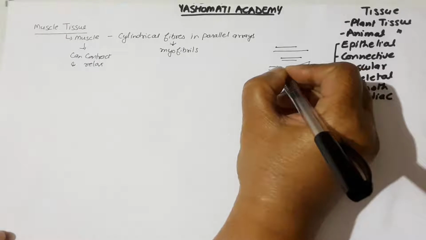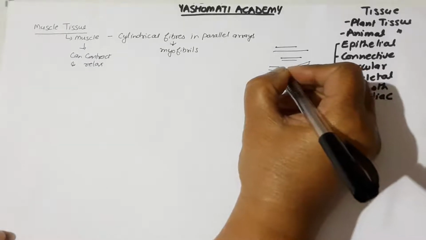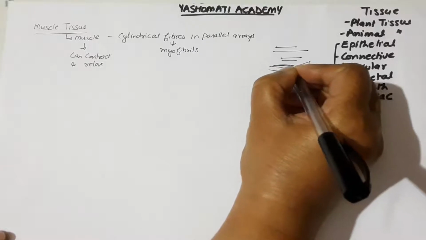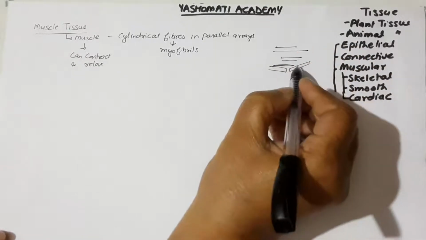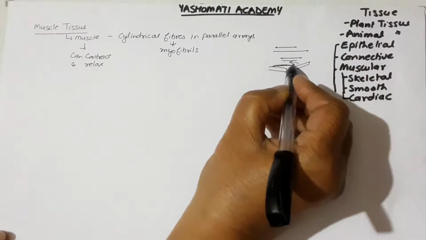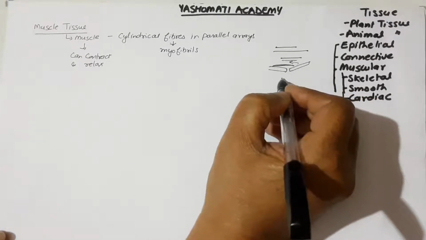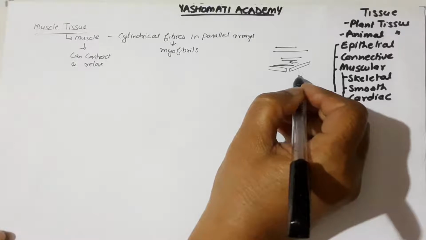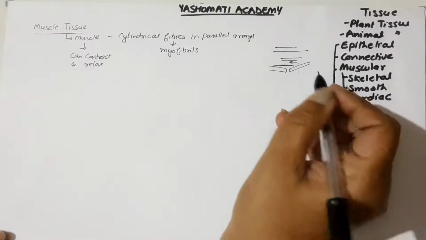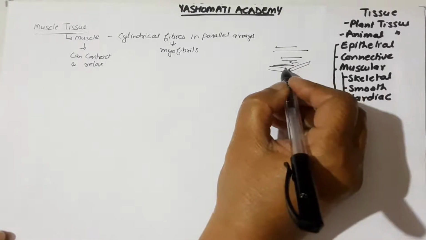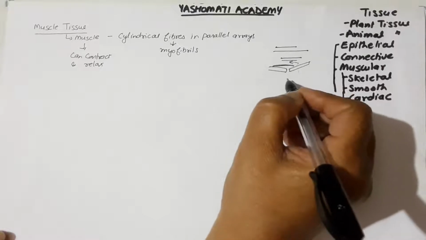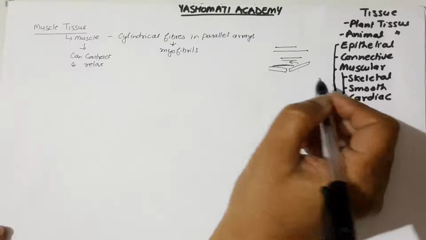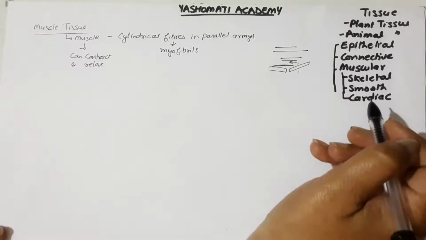Now the muscles which are responsible for contracting and pushing this bone towards this end will not be able to push the bone in the other direction. So there will be two sets of muscles which will be causing opposite movement. Such a pair of muscles is called antagonistic.